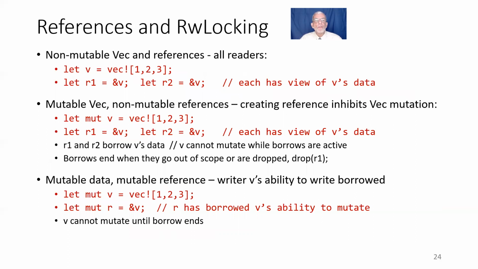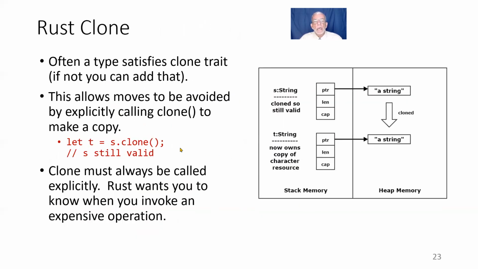The clone is never implicitly executed. The using code has to ask for the clone. And Rust does that because it's an expensive method, and Rust wants you to know when you're doing expensive things, okay? Because its main goal is to be a system programming language, and for that, it has to be fast.